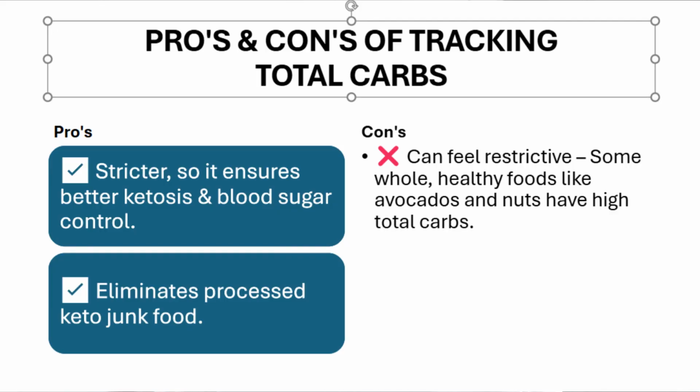So what are the pros and cons of tracking total carbs? Well, it's stricter. However, it ensures better ketosis and blood sugar control. One of the reasons why you bring your carb count down so low is that you want to be in ketosis, because there's so many health benefits from that.